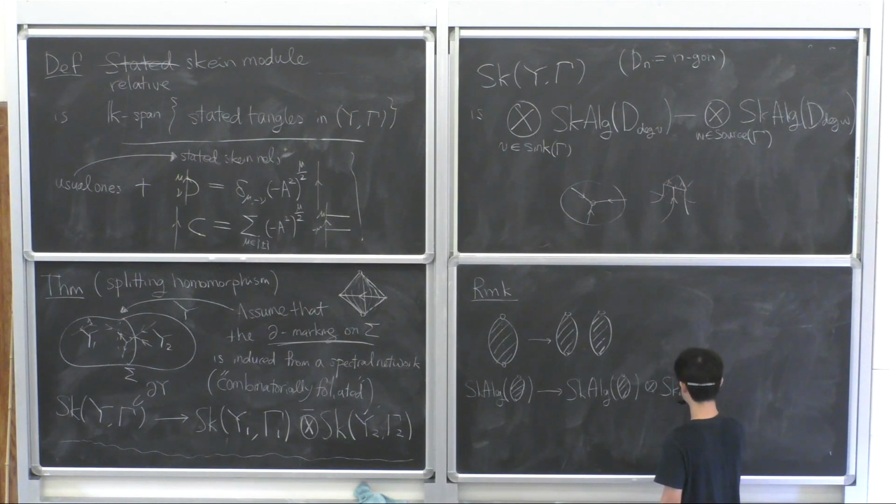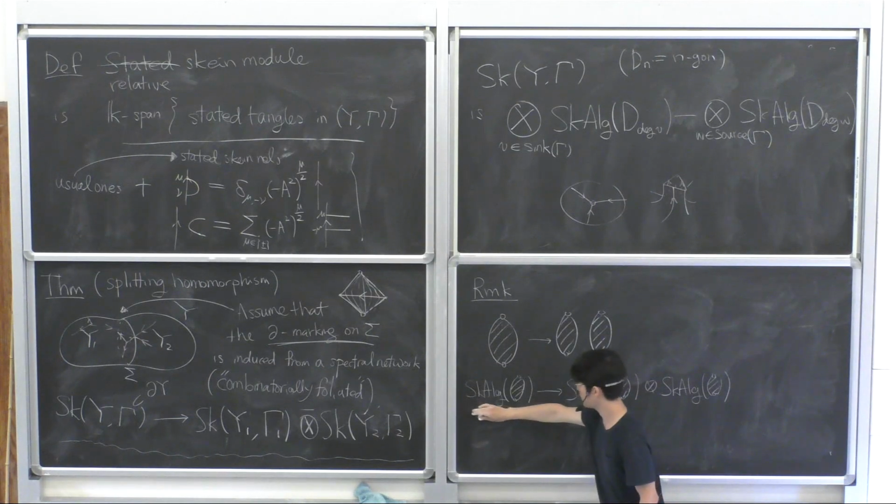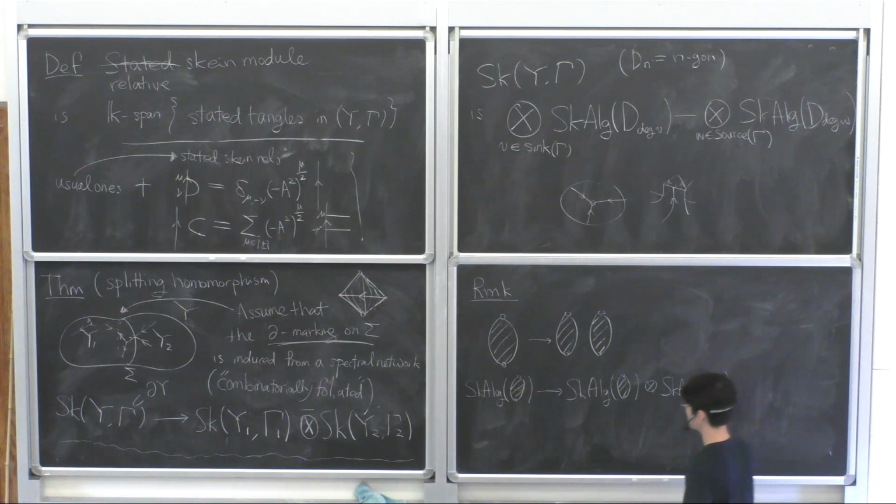And in fact, this Skein algebra of the bigon turns out to be actually a Hopf algebra.